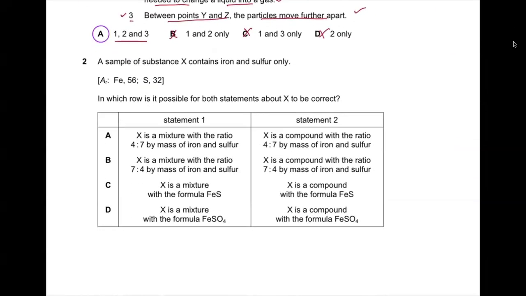Now, MCQ number 2. A sample of substance X contains iron and sulfur only. We are provided with the Ar of iron and sulfur. In which row is it possible for both statements about X to be correct? X has both iron and sulfur.